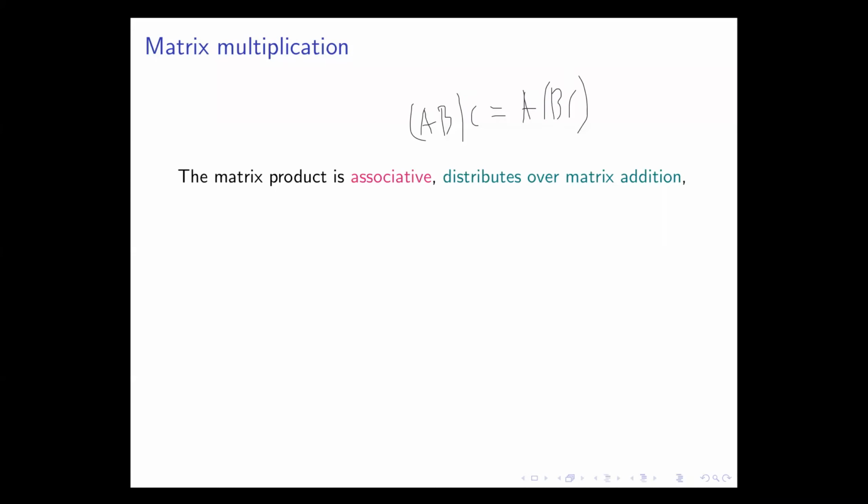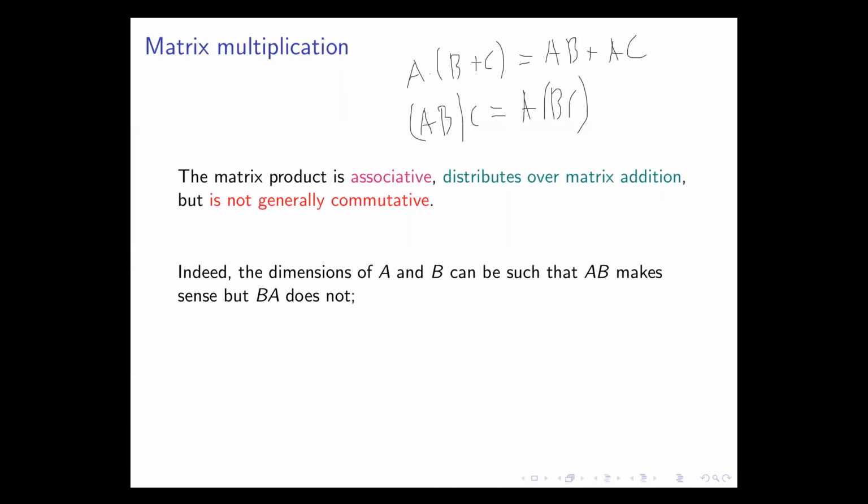So you can write A times (B plus C) is equal to AB plus AC, and this happens no matter in which direction you multiply. If you multiply (B plus C) on the left, you'll get the same sort of formula. But in general, it's not commutative, right?